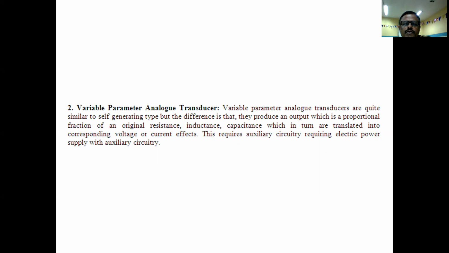It requires the auxiliary circuitry requiring electric power supply with auxiliary circuitry. That means it is similar to the previous one, self-generating type, with an exception that the fraction of the resistance and inductance is used, and that is translated into corresponding voltages.